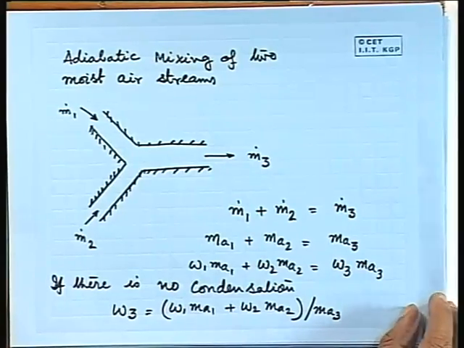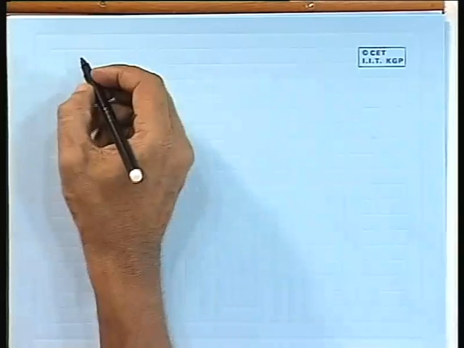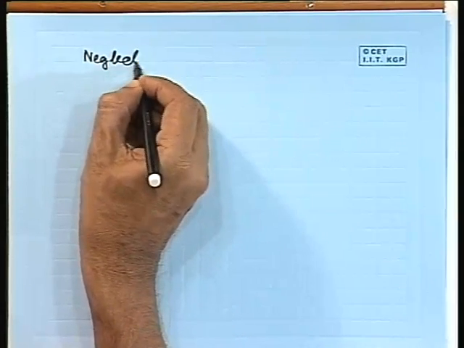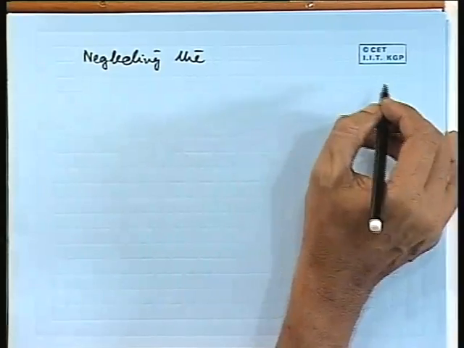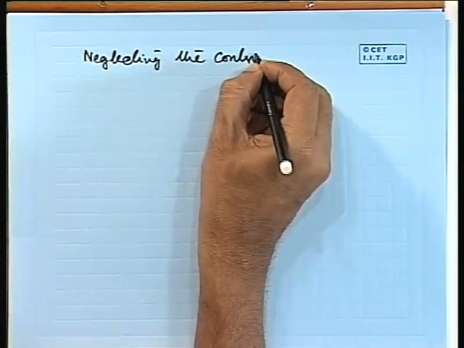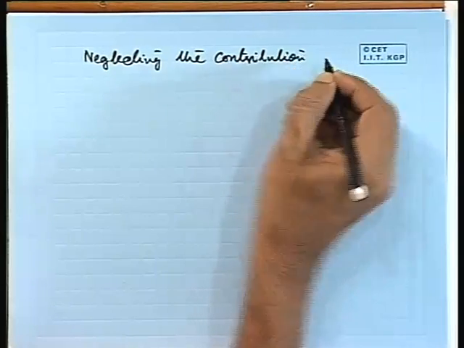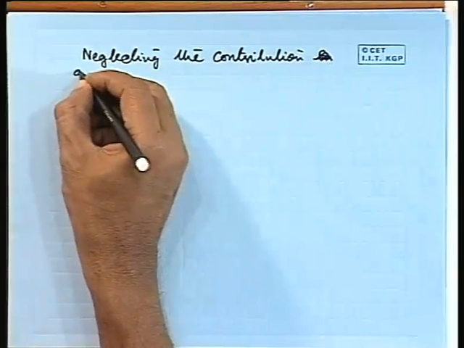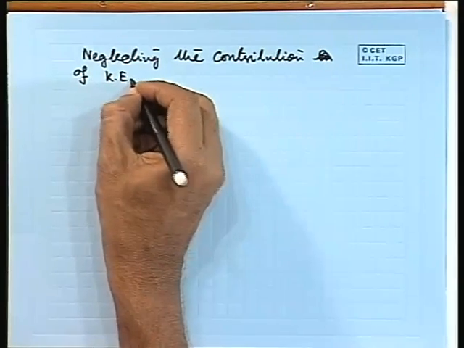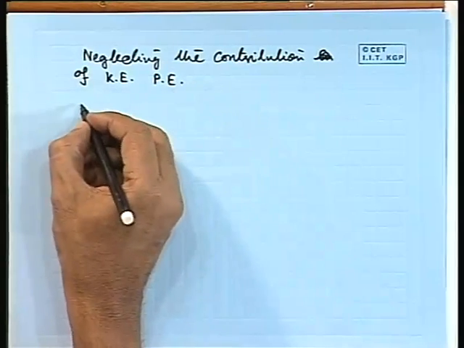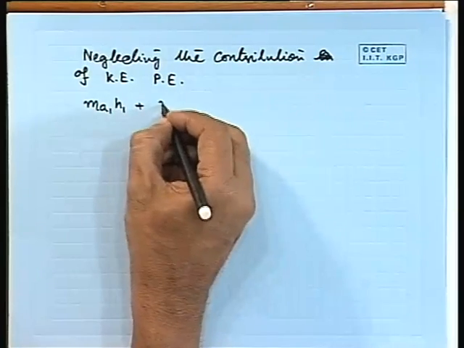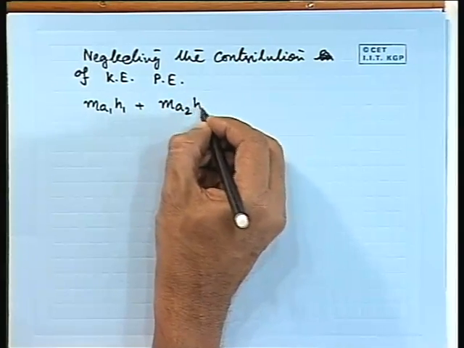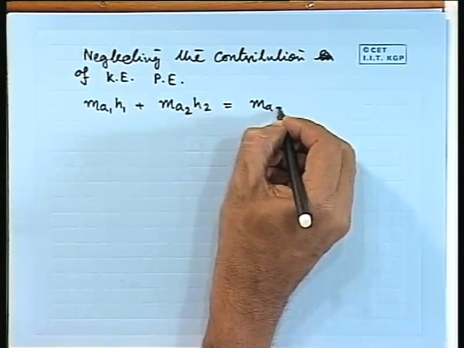Neglecting the contribution of kinetic energy, potential energy, etc., one can write mA1 h1 plus mA2 h2 is equal to mA3 h3.